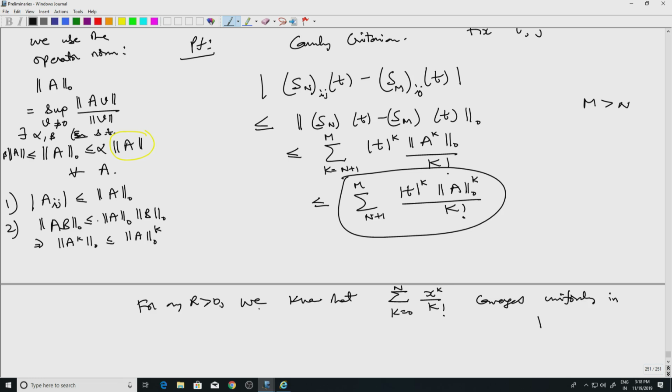We know that this converges uniformly in mod x less than r, and this limit is what we call the exponential function. What I have here is just the difference in partial sums of this particular series for a specific choice of x.